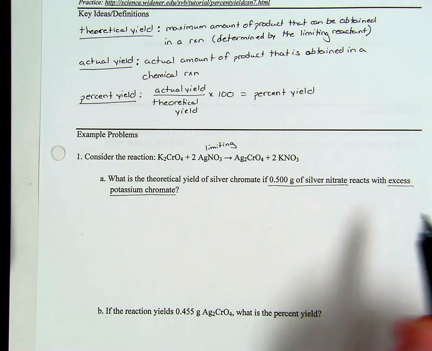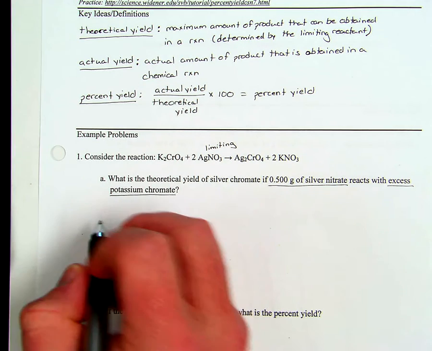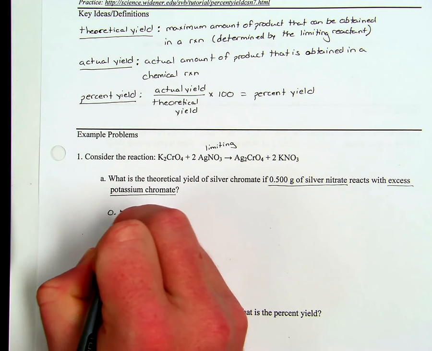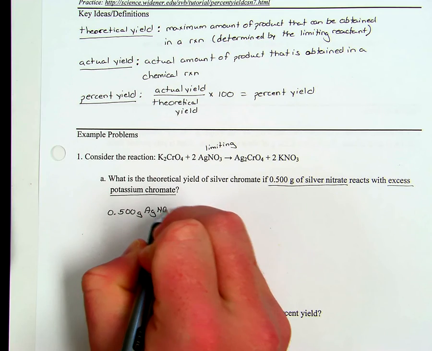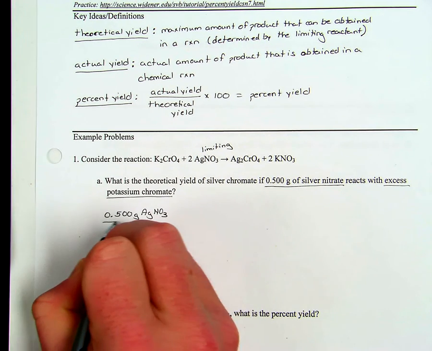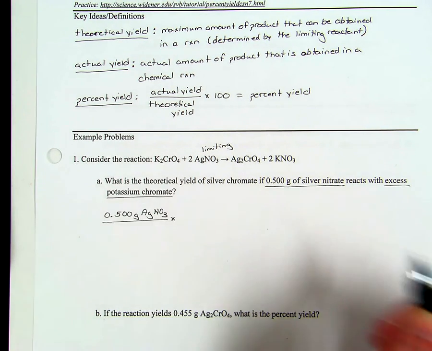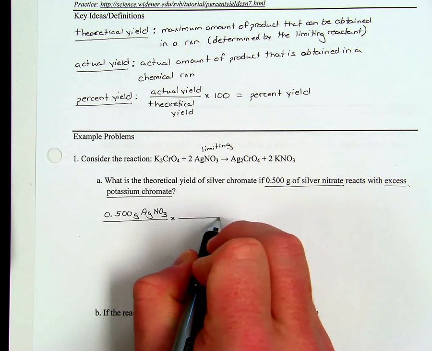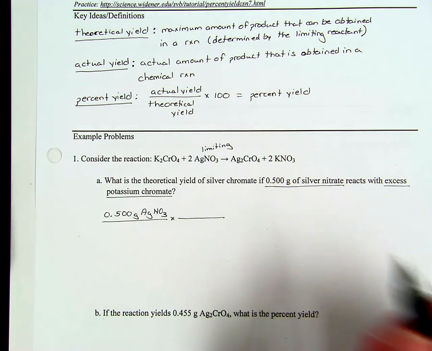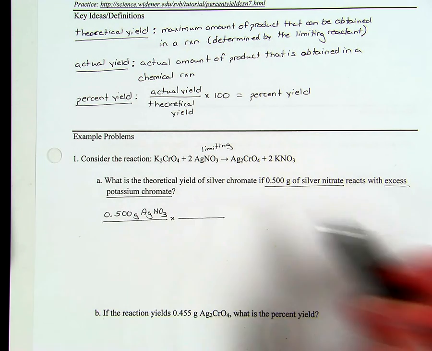Because we already know the 0.500 grams of silver nitrate is limiting, we don't need to figure out what the limiting reactant is. So we're just going to convert from the mass of silver nitrate into the mass of silver chromate.